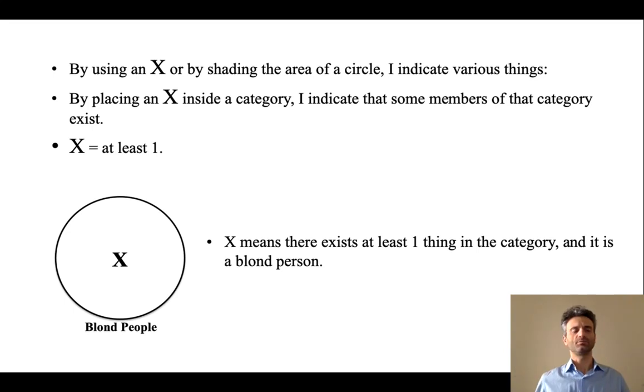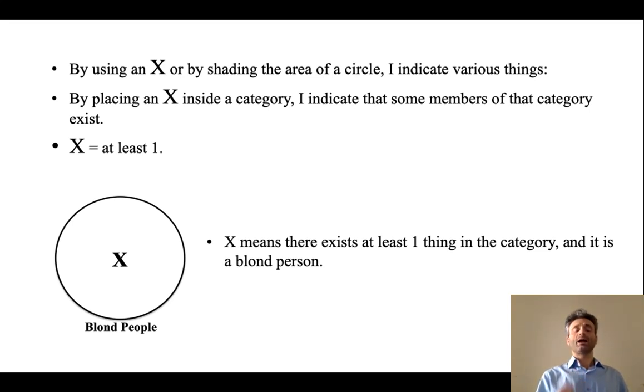This is the beauty of categorical logic. So if I have a category, the category of blonde people, and I place an X inside blonde people, in logic, X has a specific meaning. It means some. And some is intended as at least one.